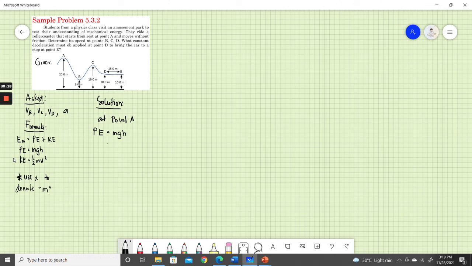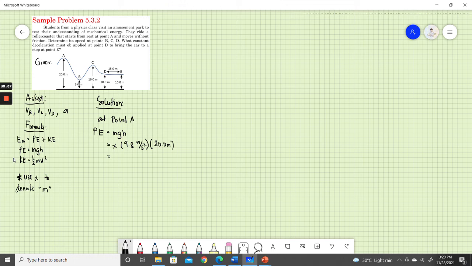We're going to use x for the mass of the roller coaster and all the people riding in it, multiplied by g, which is 9.8 meters per second squared, multiplied by the height of the roller coaster, which is 20 meters.